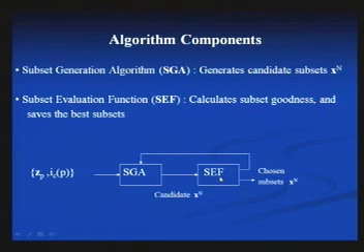Following that would be the subset evaluation function, which tells you how good the subset is. And typically you would save the best subset of each size. And so a subset of size n could be denoted like that.